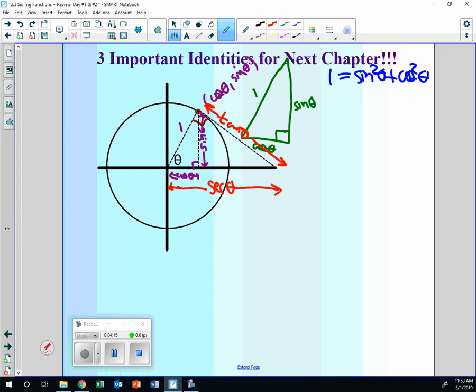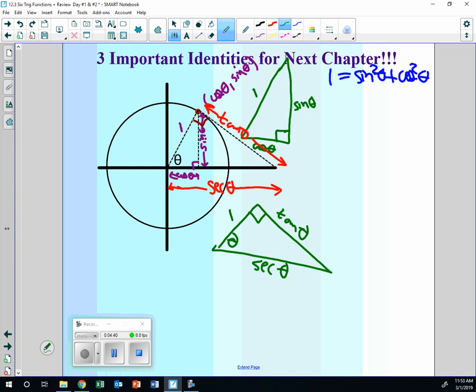Pretty cool. And that is also a triangle. So I'm going to draw it. Looks something like this. It's got a little right angle. It's got a little angle theta here. But what's different is that this now is the tangent of theta. This is the secant of theta. That is still 1.